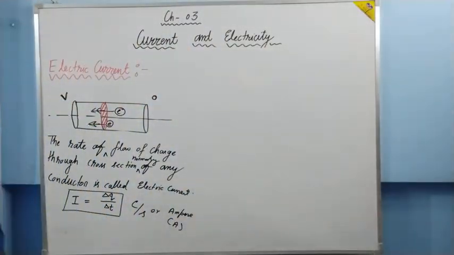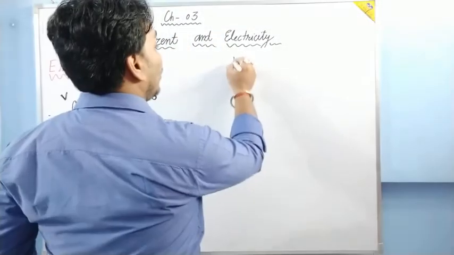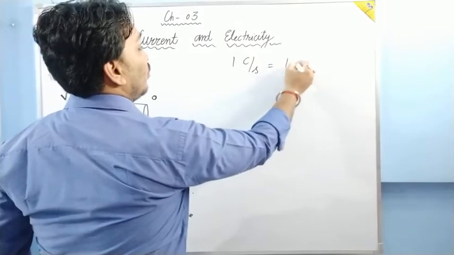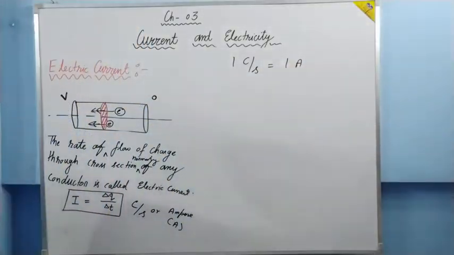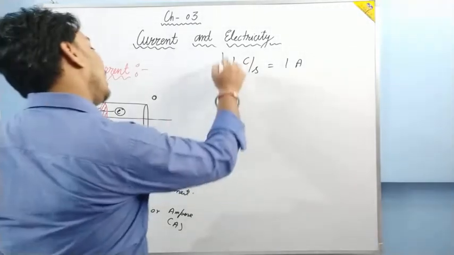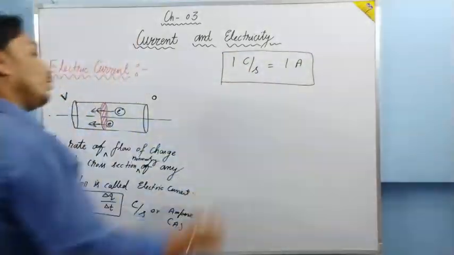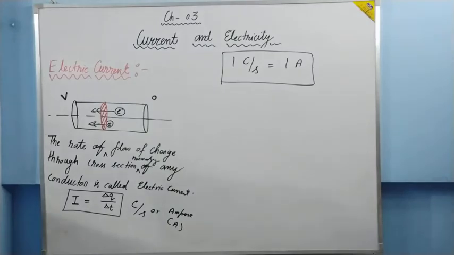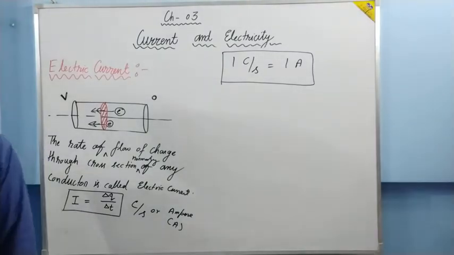Let us see the units also. 1 Coulomb per second is equal to 1 ampere. If 1 Coulomb of charge flows through the cross section normally in 1 second, then the current flow will be called 1 ampere.